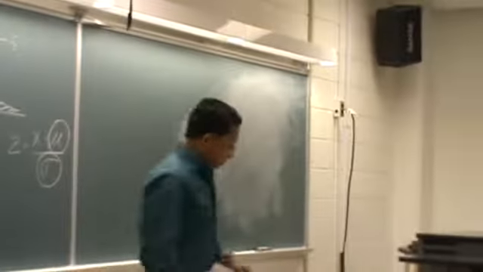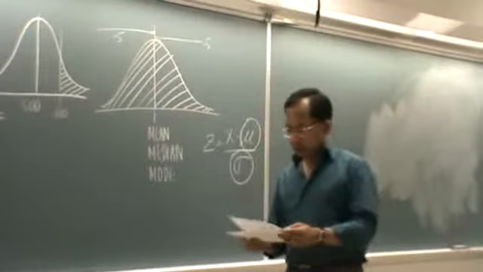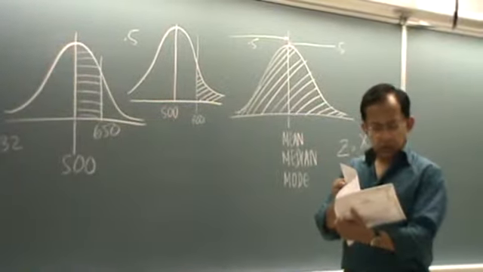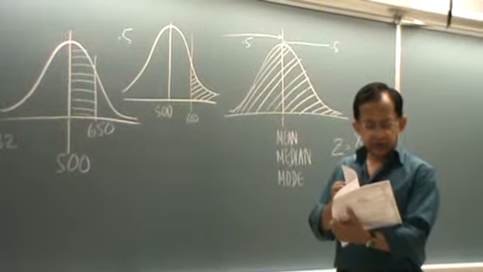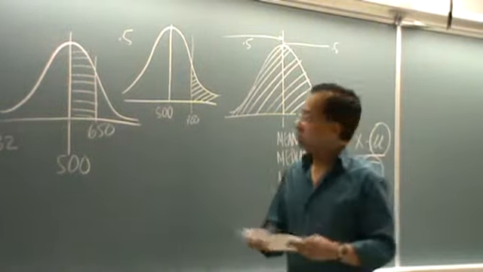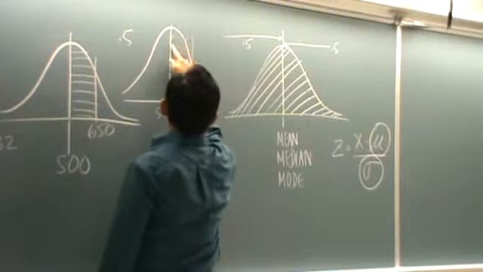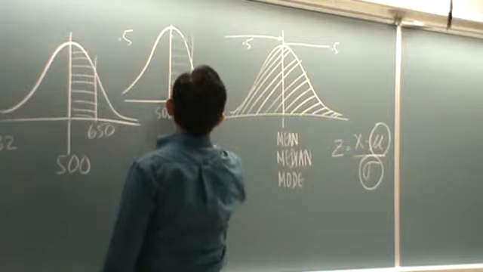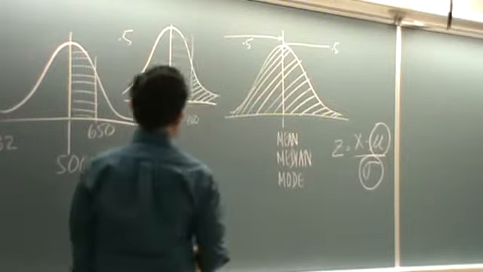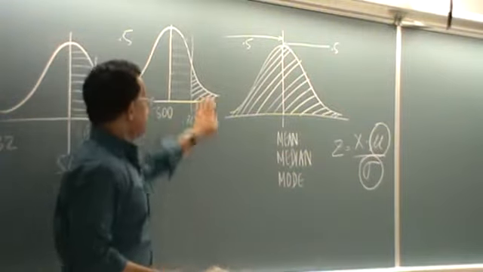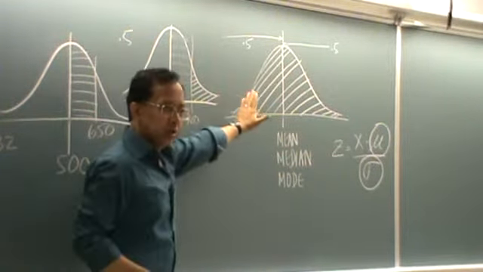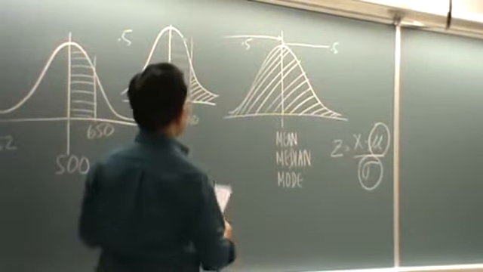So z equals 2, and from this table we find that 2.0 is 0.4772. That means this part here is 0.4772. But we are not interested in this part. We are interested in this one here.